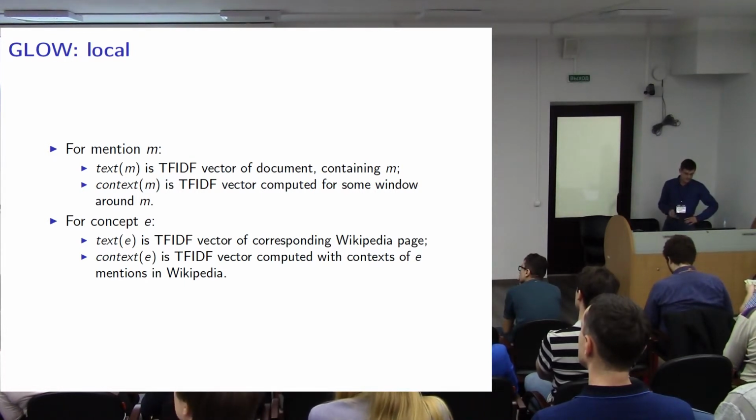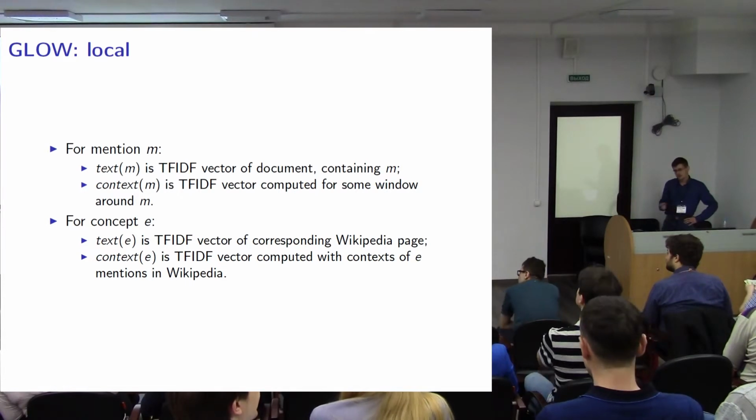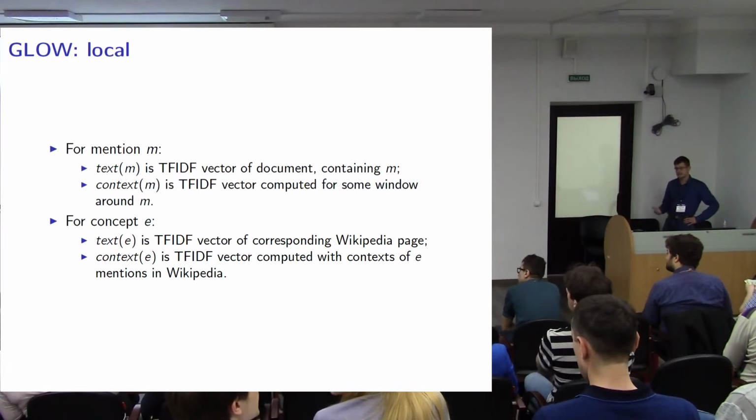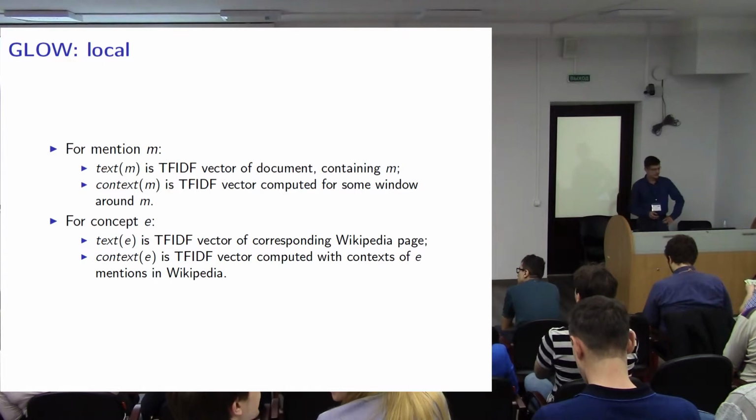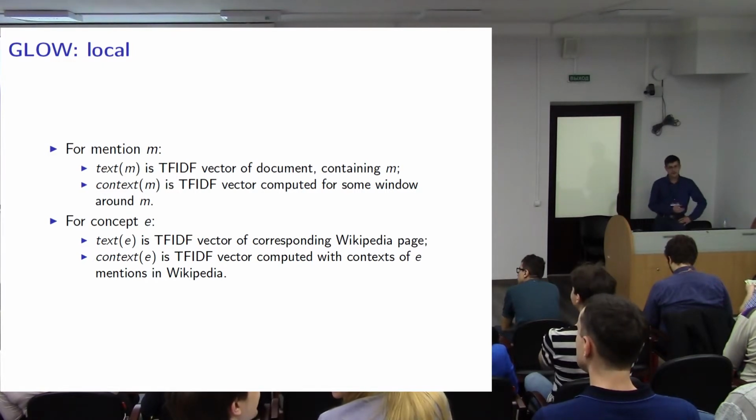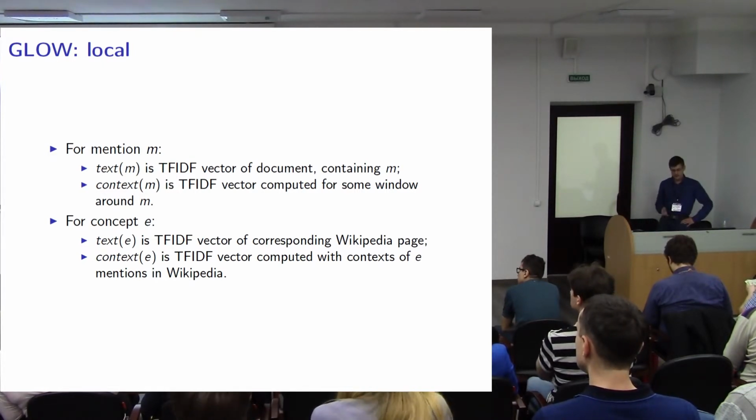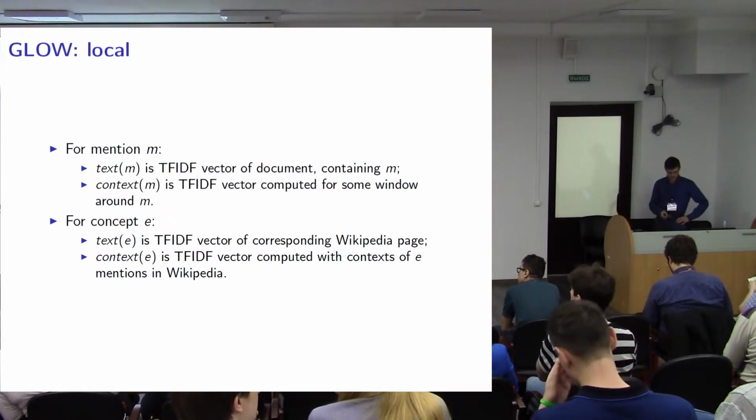Then we can easily create a TF-IDF vector. Actually, we can do just the same things for concepts. As each concept has a corresponding Wikipedia page, we can take its text and create a TF-IDF vector. At the same time, we can scan through the whole Wikipedia, watch for links to this concept, select context around this link, and create a TF-IDF vector.